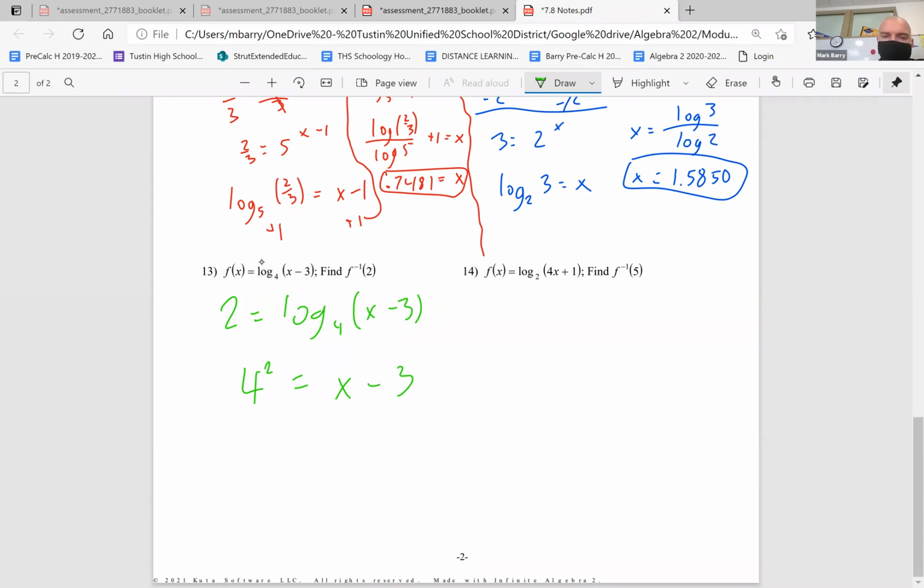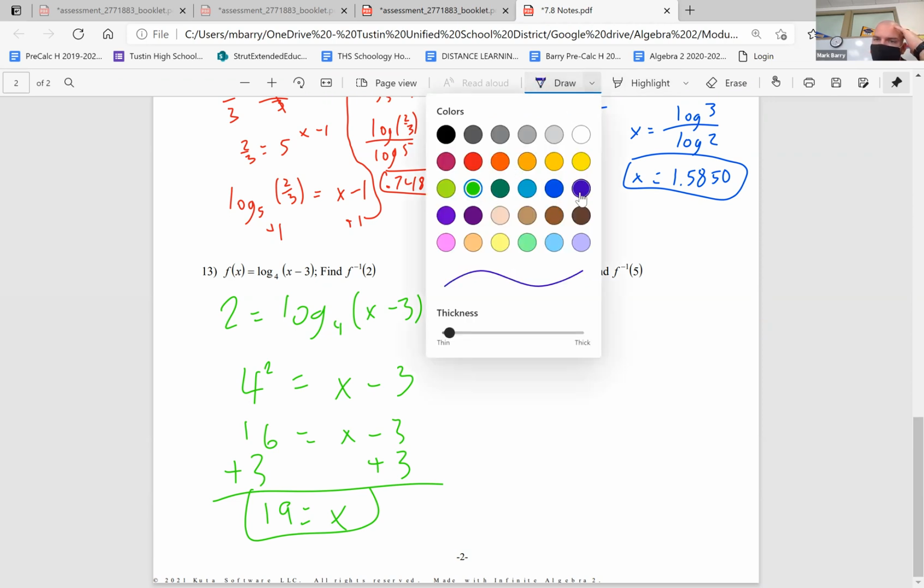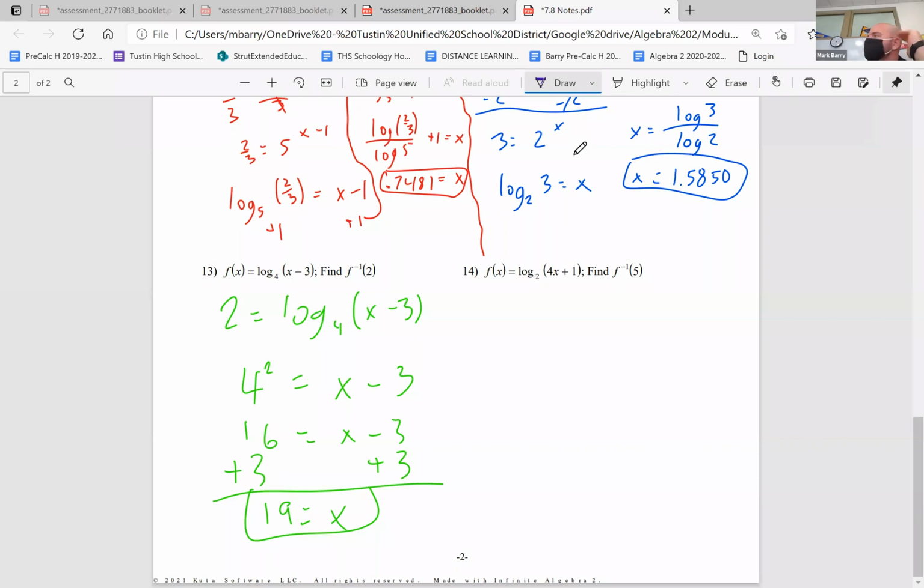Well, what's 4 squared? 16, right? And we add the 3 over. X equals 19.